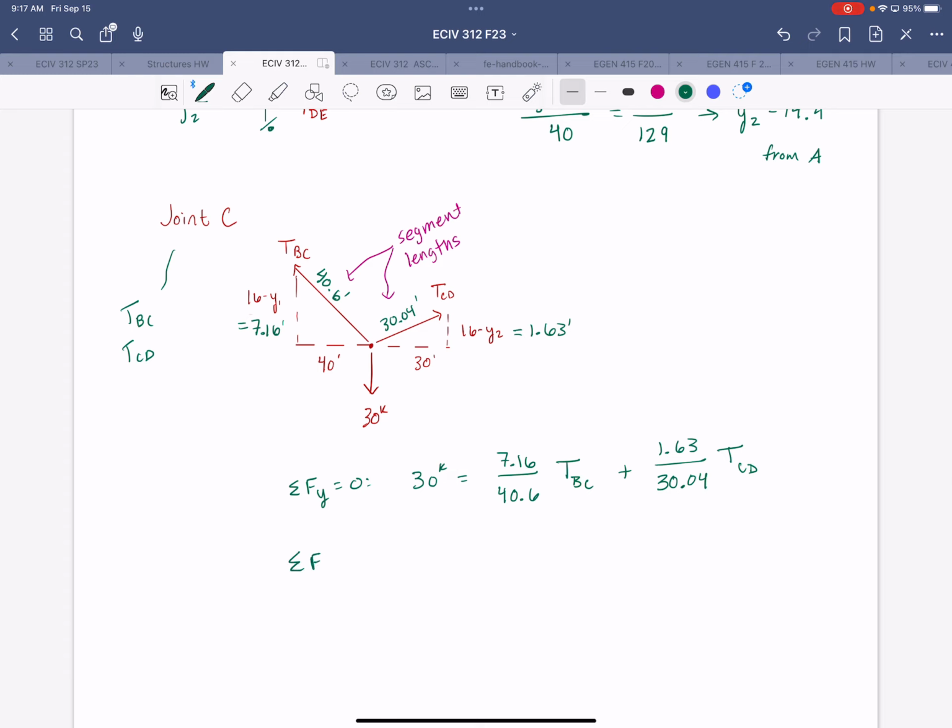And then from summing forces in X, you would have 0 is equal to 40 over 40.6 times TBC minus 30 over 30.04 times TCD.